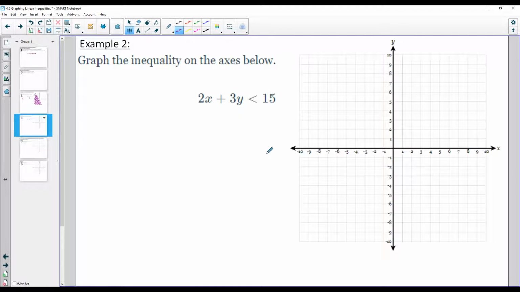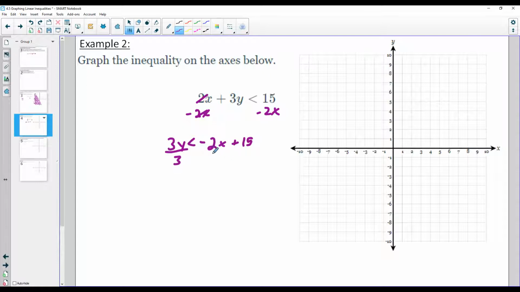For our second example, you'll notice we do not have y by itself, so we need to get y by itself. To do that, we subtract 2x from both sides. 2x minus 2x cancels, and I'm left with 3y is less than. The 2x and 15 are not like terms, so we keep them separate, and I'm going to put the minus 2x first so that it's in the form we like to see.